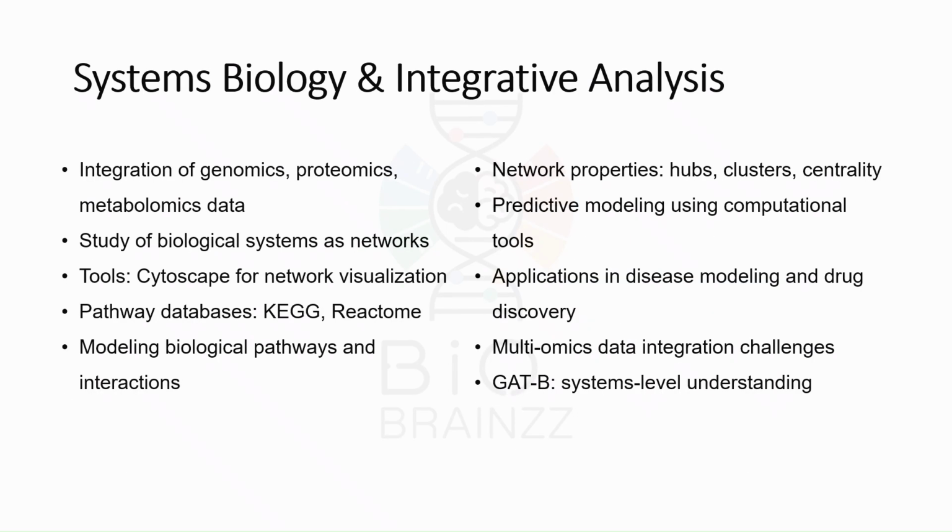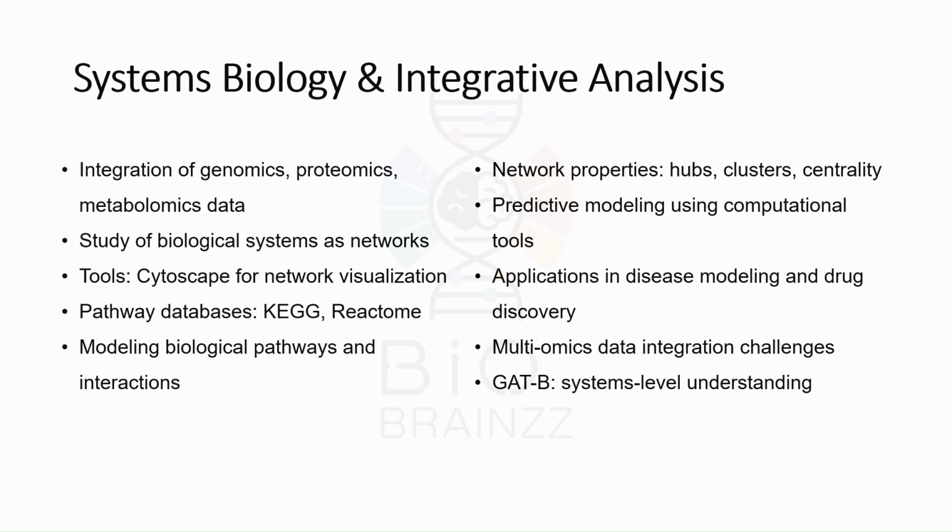Systems biology is an advanced approach where we study biological systems as a whole instead of individual parts. It integrates data from genomics, proteomics, and metabolomics to understand how different components interact with each other inside a cell.